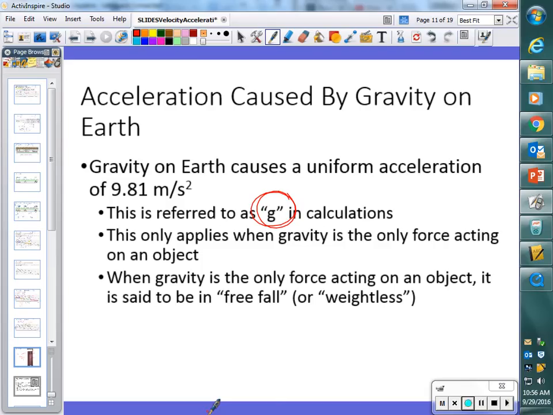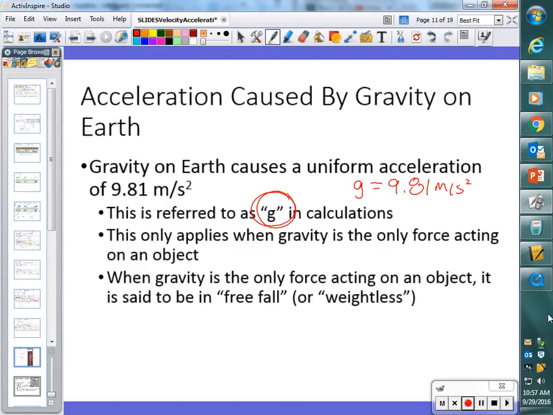Anytime little g shows up in an equation or in a description, we are referring to the acceleration caused by gravity here on Earth. Alexa, go ahead. Yes. So we're going to start doing some problems, and whenever you see g, we're just going to plug this number right in there for it. All right, good there?